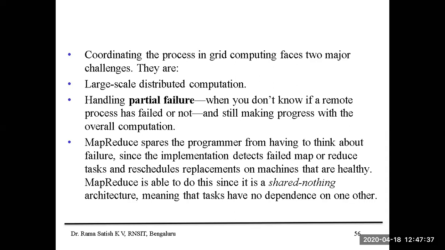So you will understand in the next few chapters how exactly MapReduce will not share anything, meaning that the tasks have no dependency on each other. If there is no dependency, the progress will ultimately be independent. And that is one very important thing.